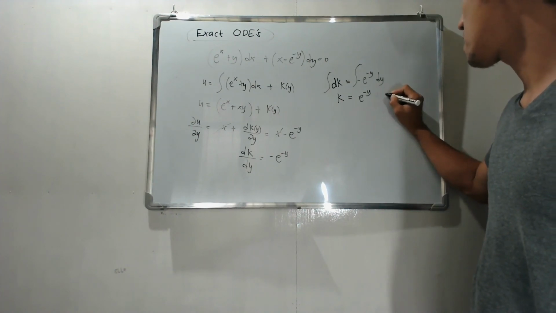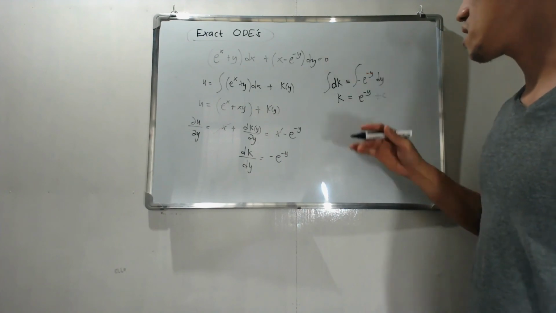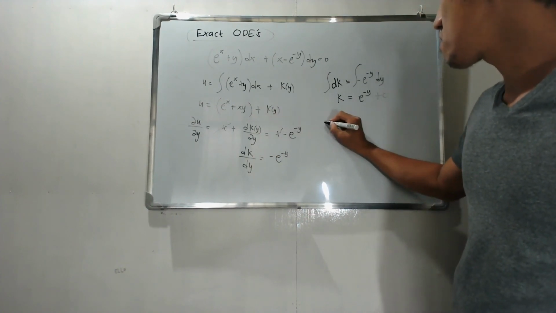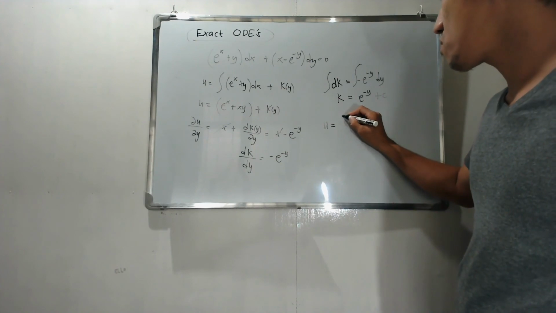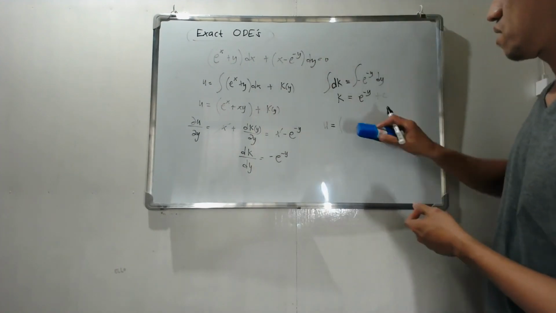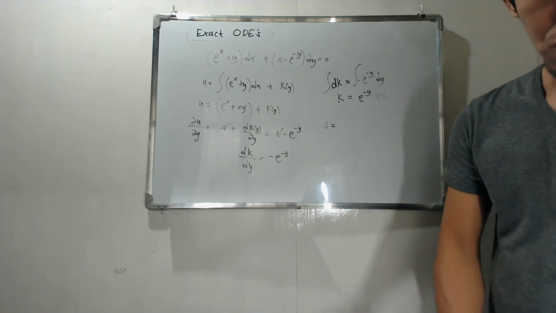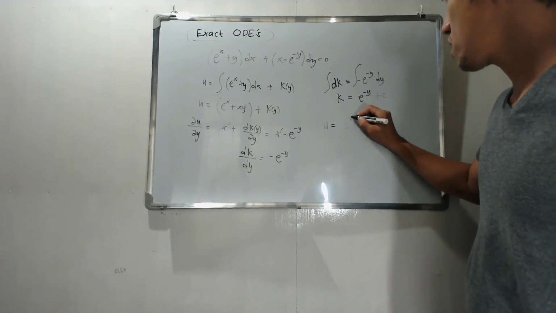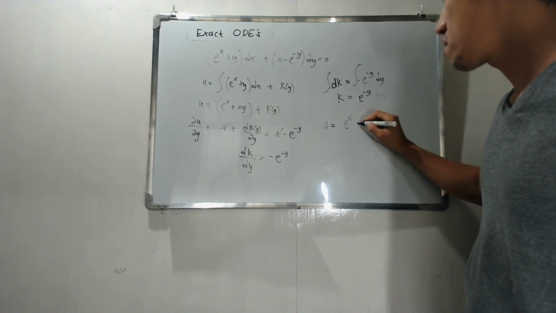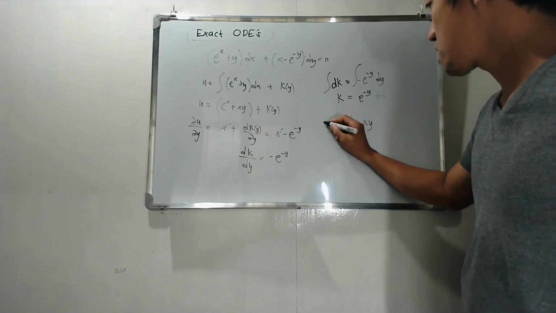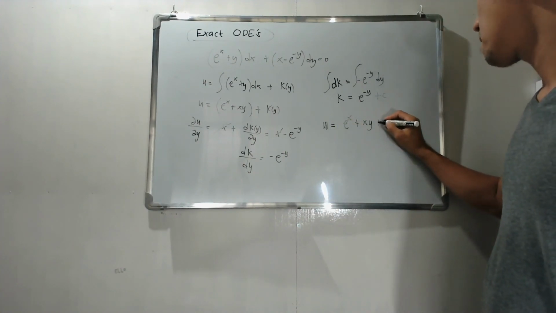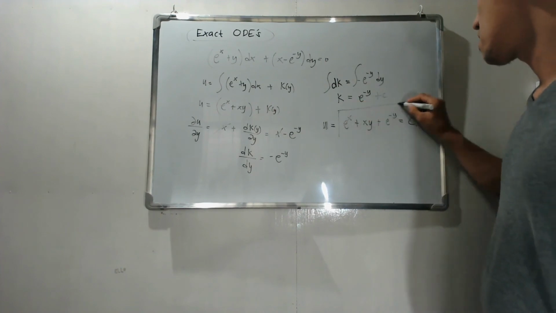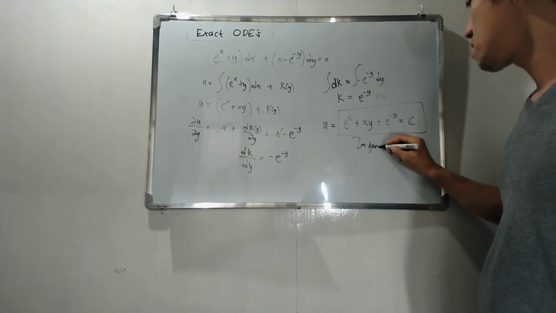So substitute this one here. You have u is equal to e to the x plus xy plus e to the negative y is equal to c. This is now your general solution.